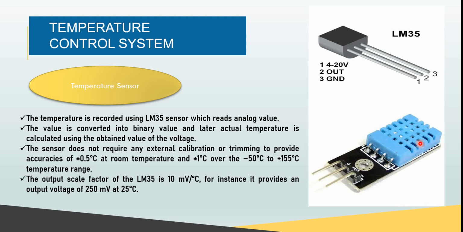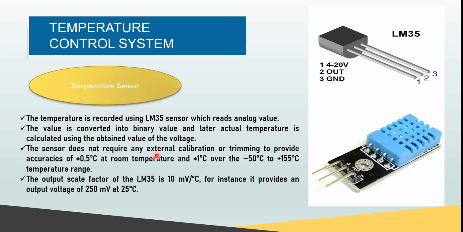For humidity, other kinds of sensors can be used. The temperature is recorded by the LM35 sensor, which reads an analog value. The value is converted into a binary value, and later the actual temperature is calculated using the obtained voltage value. There is a formula for calculating the voltage based on this binary value.